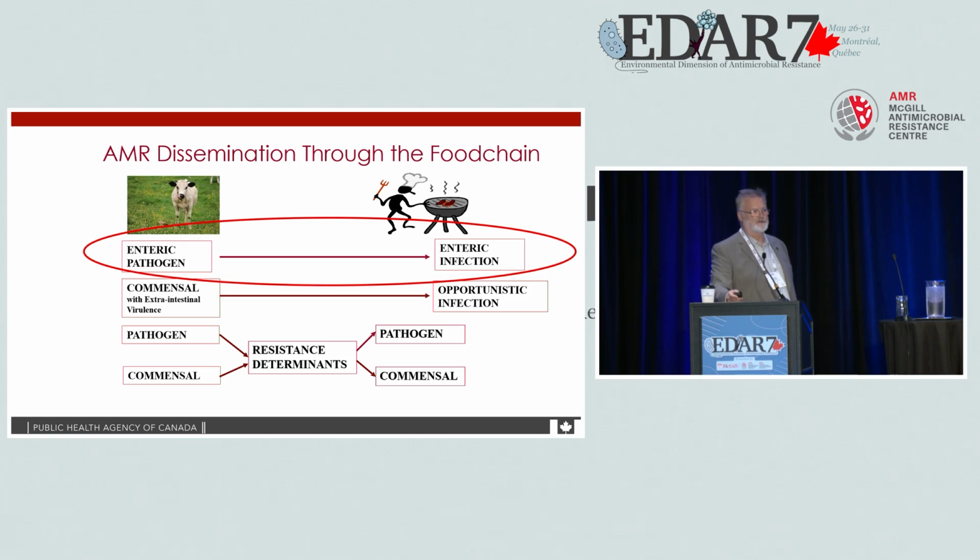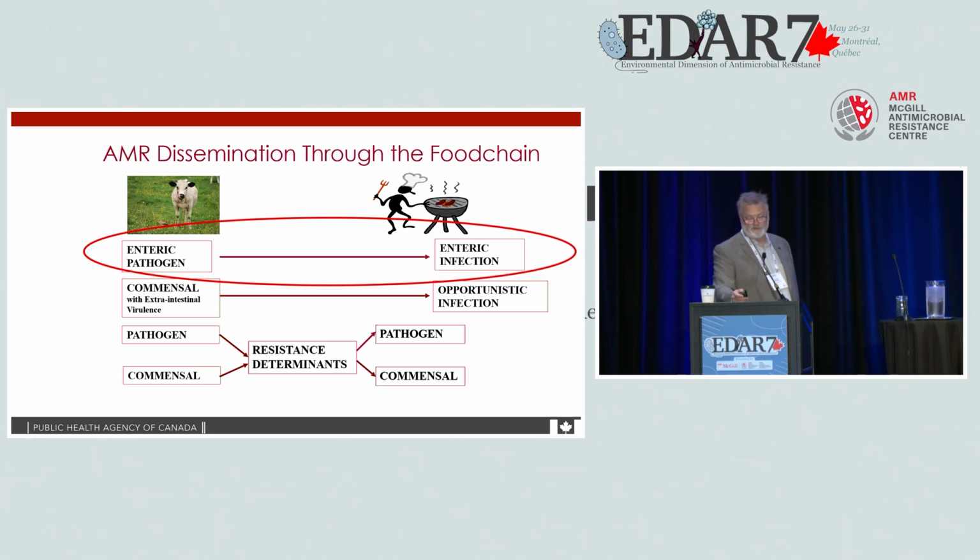Modeling that kind of thing is more complicated, but I think the approach to doing it is still a bit easier to understand than the bottom part, which is what a lot of the discussion here will be about: the environment, the transmission of MGEs and ARGs through the environment, and their potential impact on human health, animal health, or environmental health. Those kinds of models are obviously much more complicated.